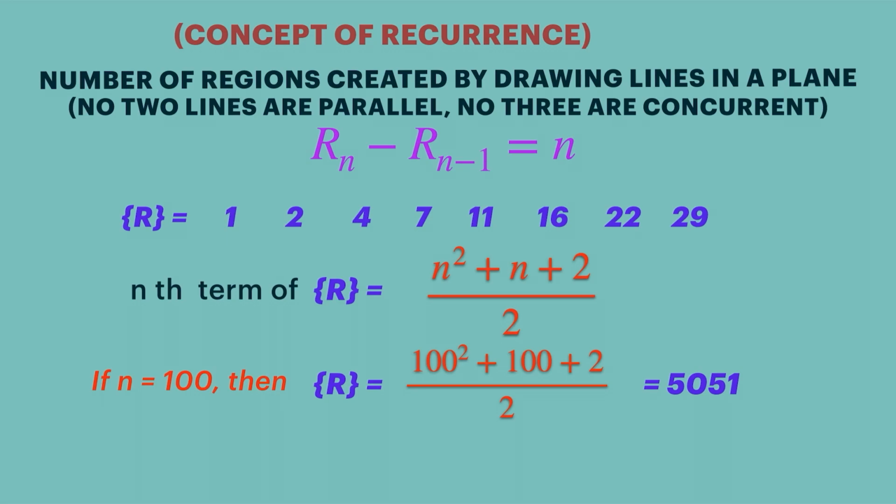So using the recurrence relation Rn minus Rn minus 1 equal to n, we also find this value of the number of regions, that is R. So the problem is solved. Thank you all. That's all.